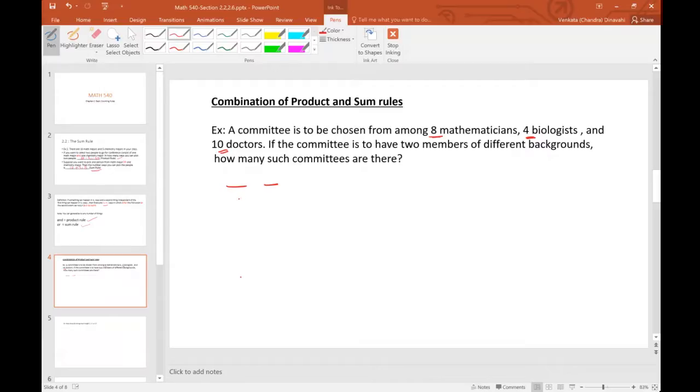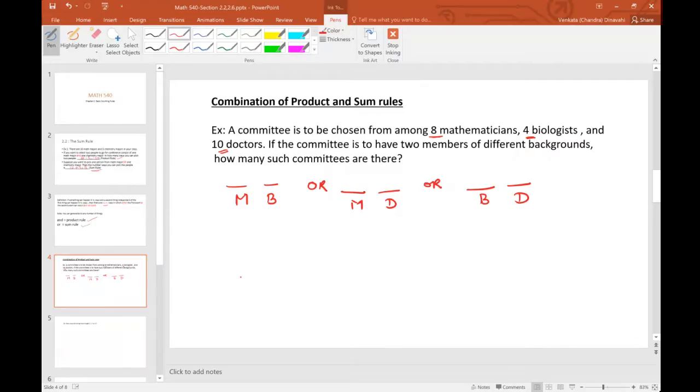What are the different choices you can have? You can choose a mathematician and a biologist. I'll call M for math and B for biology. Or a mathematician and a doctor. Or a biologist and a doctor. These are the different ways you can form committees, right? Because you cannot have 2 mathematicians, 2 doctors, or 2 biologists.